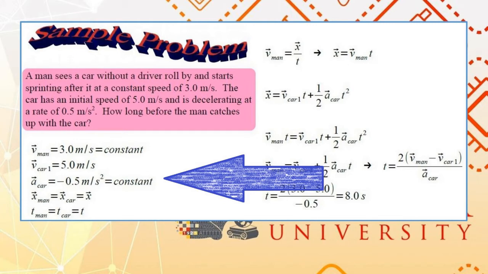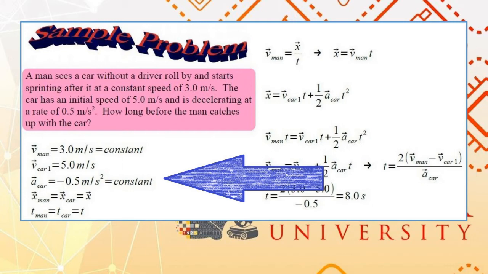For the car, the problem tells us that the initial speed of the car is 5 meters per second. So let the initial velocity of the car be v car 1, 5 meters per second. The car is decelerating at the rate of 0.5 meters per second squared. So the car is slowing down. The acceleration is opposite that of the motion.